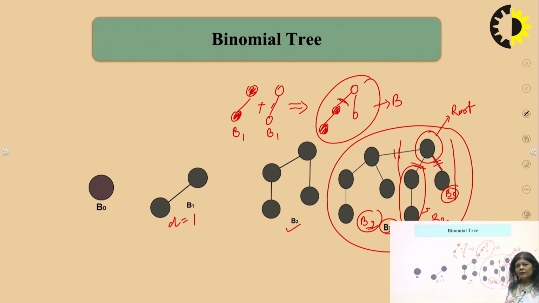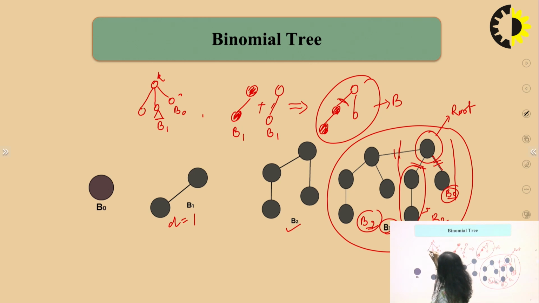If I want to generalize this, if this is the root node with degree k, I will have a tree B0 here, then another tree having degree 1, then another such tree having degree one higher than the previous one, and this way it will continue up to the tree with degree B k minus 2, and similarly the last subtree here will have degree k minus 1.